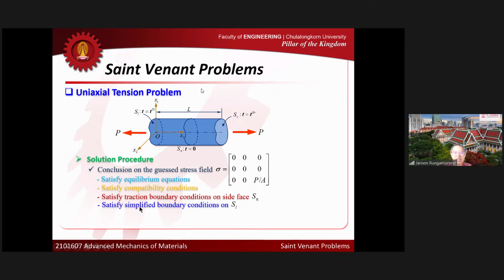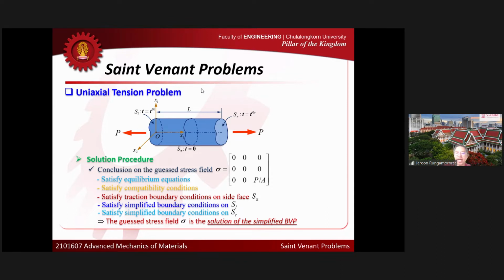The same thing happens at the right end. So the simplified boundary conditions are satisfied, and we have checked all the conditions for the gauge stress field.